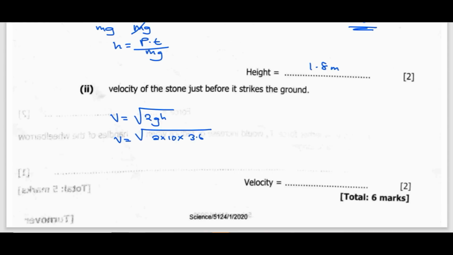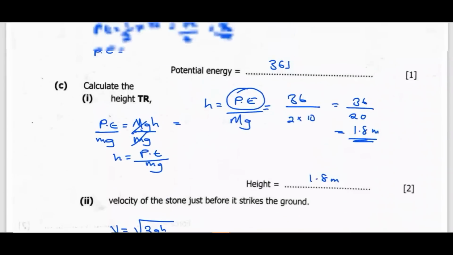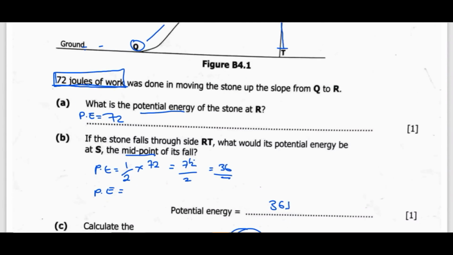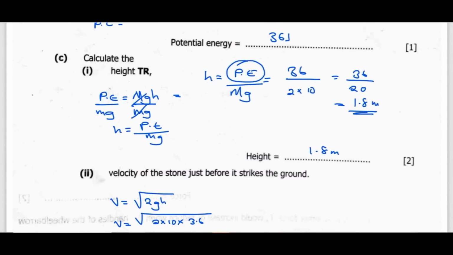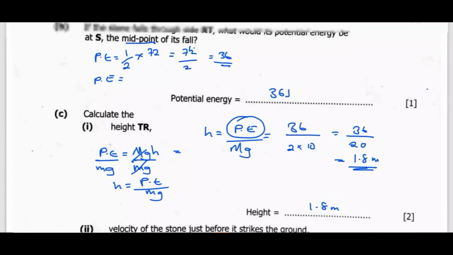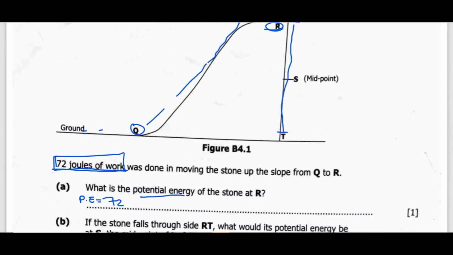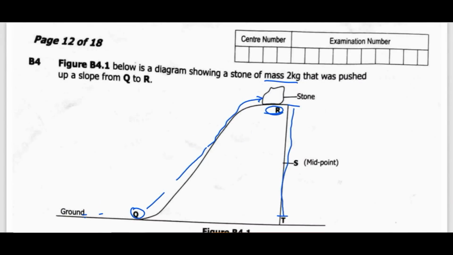Now where is this 3.6 coming from? Let us look very closely. This is the meter. So this is the area that we are looking at. Now we want to see how it was falling.